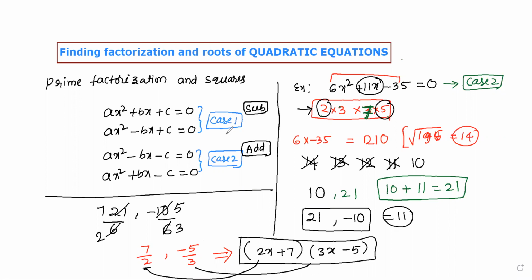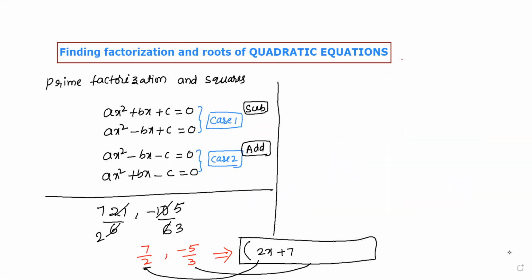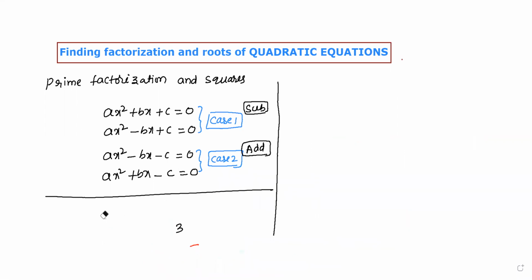Let me take another example. This example is very important, check it out why it is important. Example: 12x squared plus 56x plus 64.